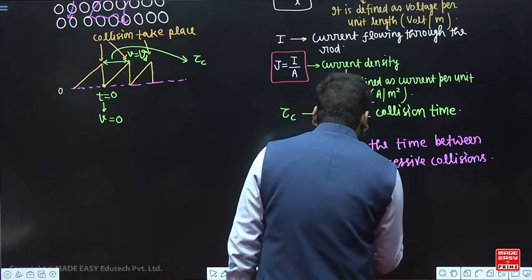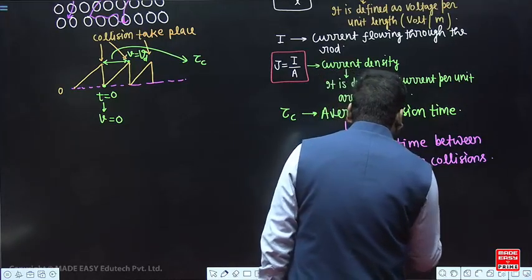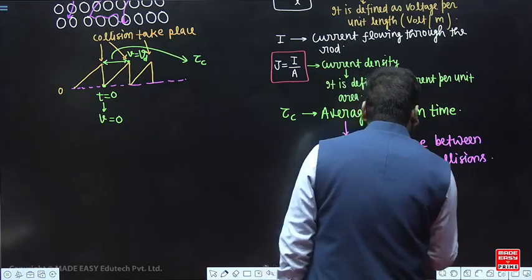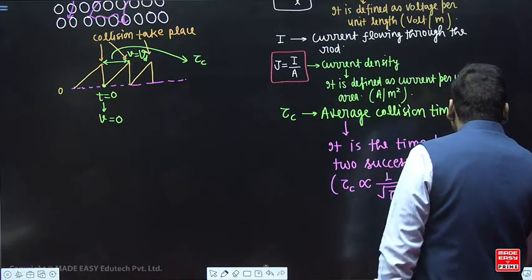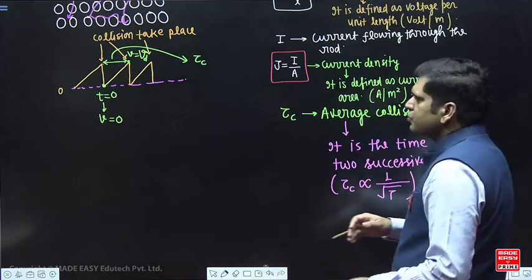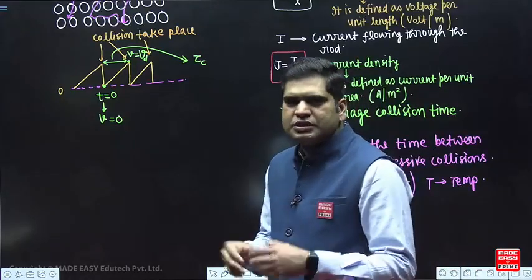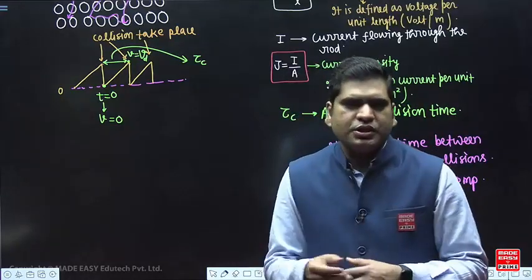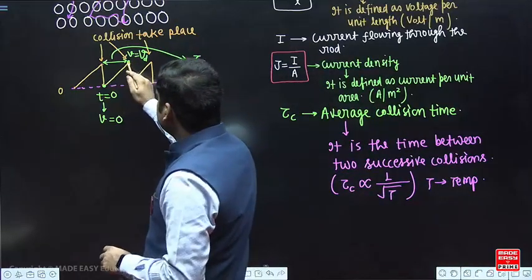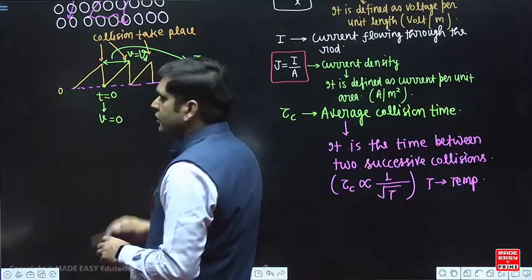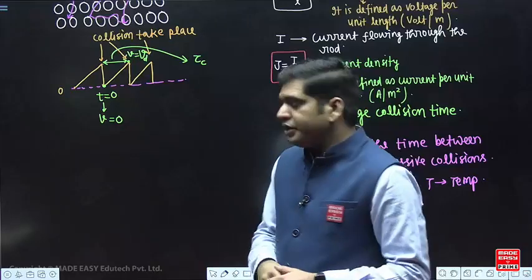This tau c is a function of temperature, proportional to 1 upon root T. As you keep on increasing temperature, lattice vibration will increase, so scattering of electron increases, meaning collision of electron with atoms increases. So collision time decreases. And if collision time decreases, then obviously the velocity acquired by the electron will also decrease.